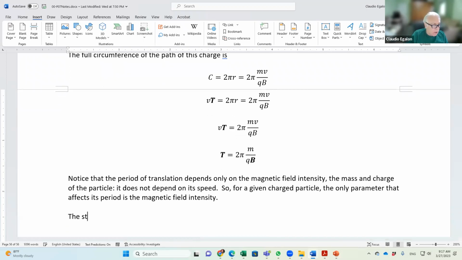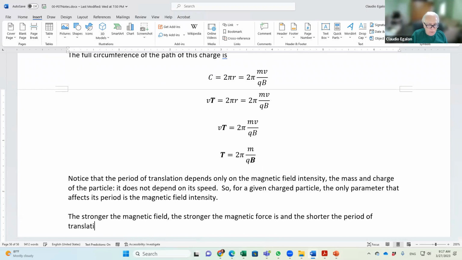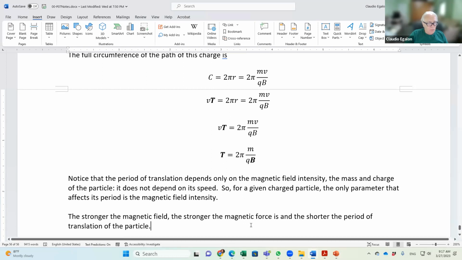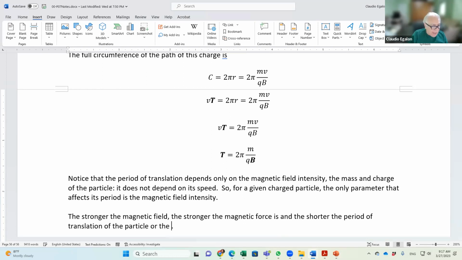The stronger the magnetic field, the stronger the magnetic force is, and the shorter the period of translation of the particle. And the higher the particle's frequency.